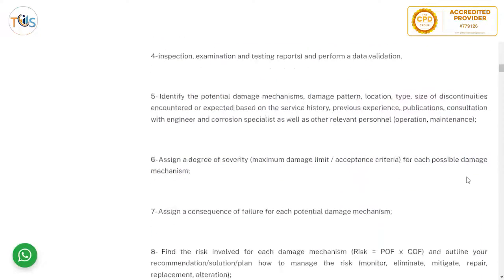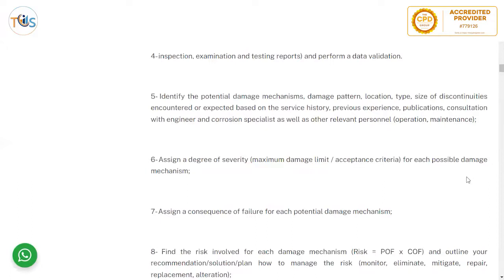Next, identify the potential damage mechanisms and damage patterns. Try to find the pattern, location, type, and size of discontinuities expected, based on service history, previous experience, publications, and consultation with engineers, corrosion specialists, and other relevant personnel from operation and maintenance.